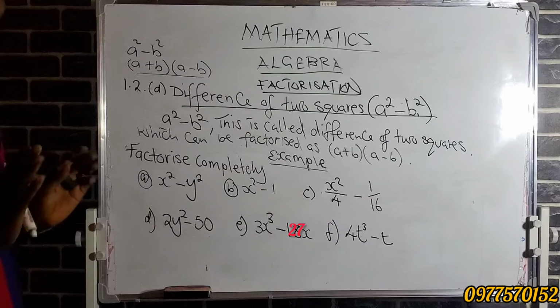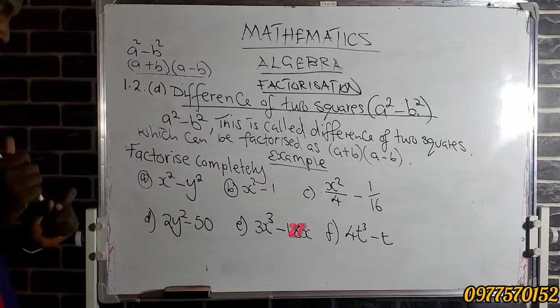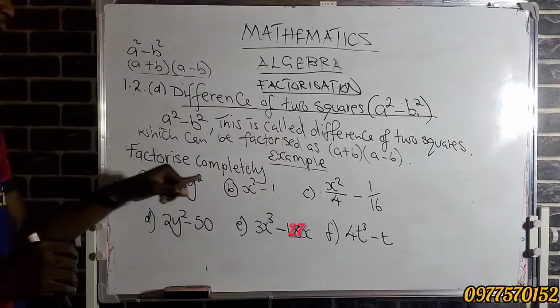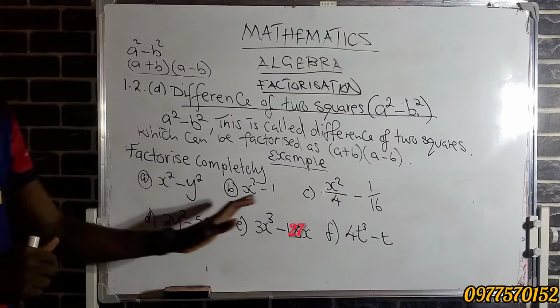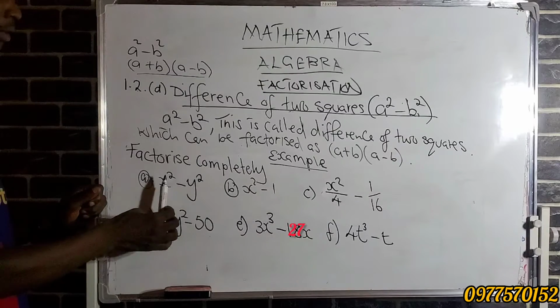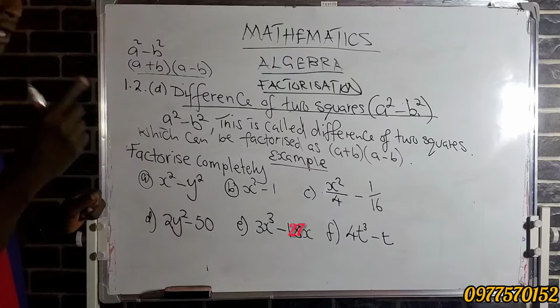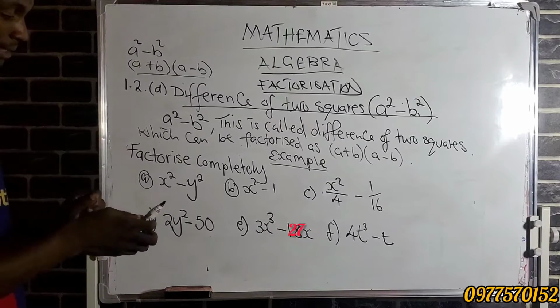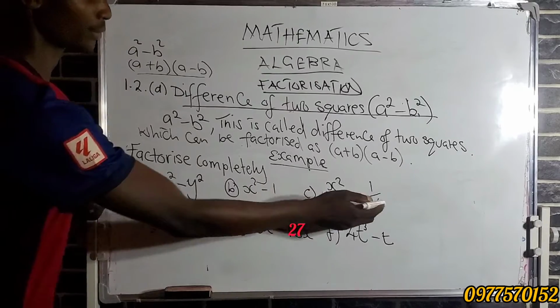Now we have these examination questions. We are asked to factorize completely. When you look at all these, they are two terms, separated by a minus. You have 1, 2, minus 1, 2, minus 1, 2.